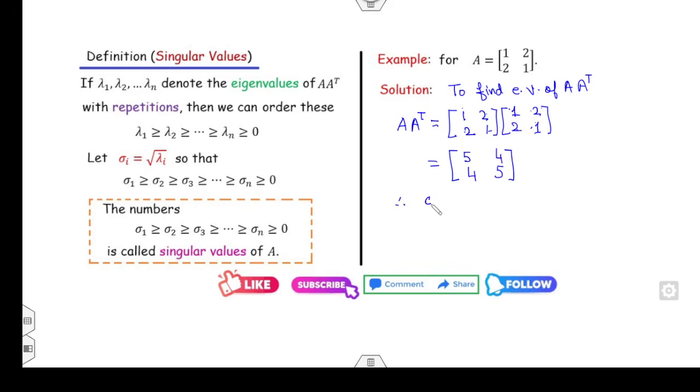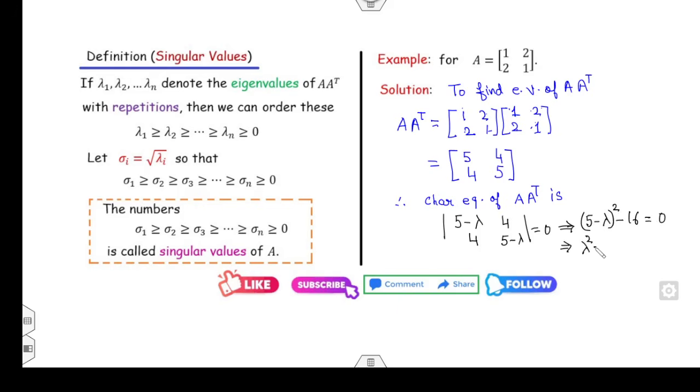Because your target is to find the eigenvalues, the characteristic equation will be determinant of [5 minus lambda, 4; 4, 5 minus lambda] equal to 0. Can you write the equation? (5 minus lambda) square minus 16 is equal to 0. If you open this bracket, lambda square minus 10 lambda plus 9 is equal to 0. Hence, the values of lambda are 9 and 1.